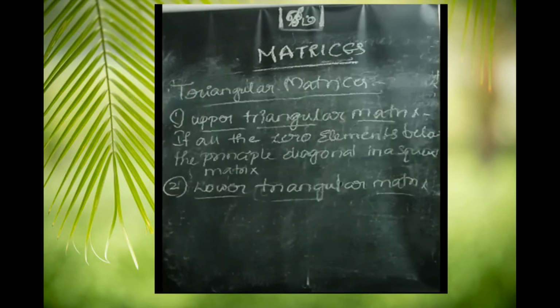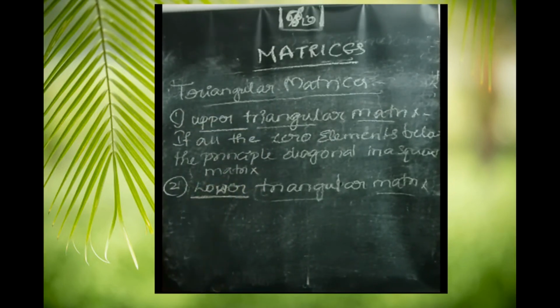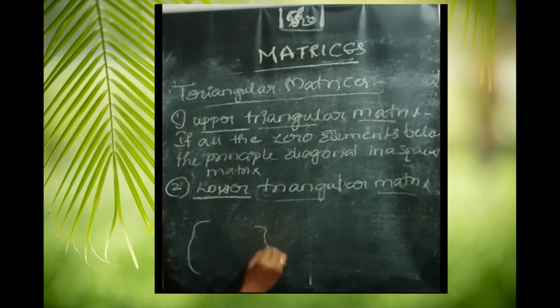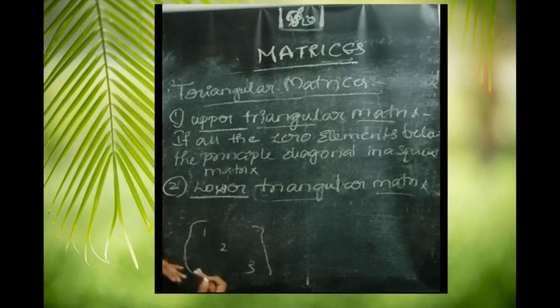Next, the last one is triangular matrix. This triangular matrix is divided into two types, upper triangular matrix and lower triangular matrix. See, if all the elements below the principal diagonal, for example, this is the principal diagonal, right? Below.